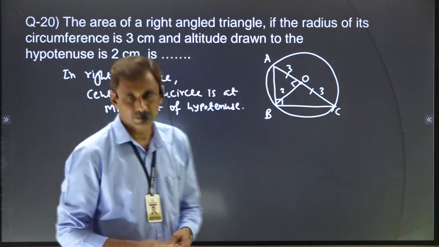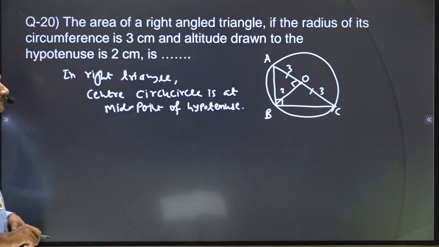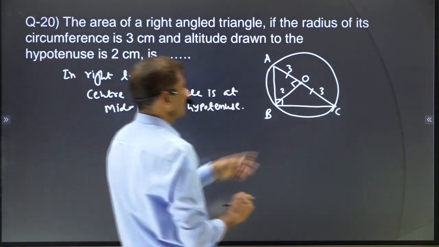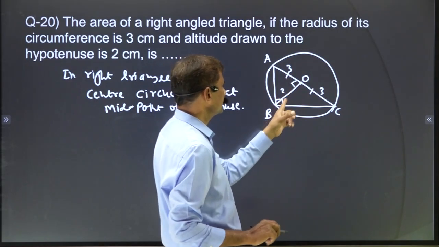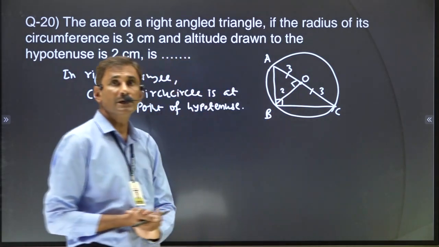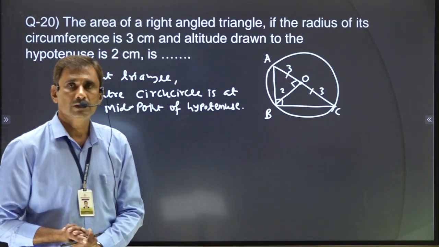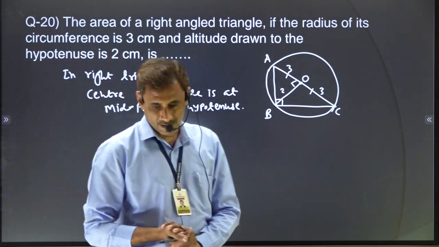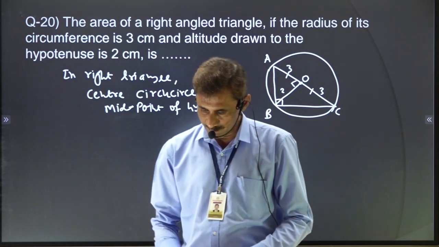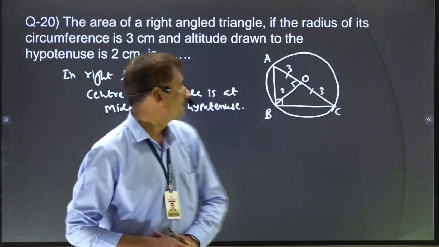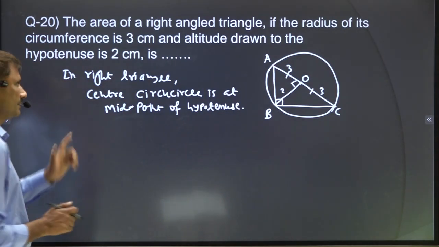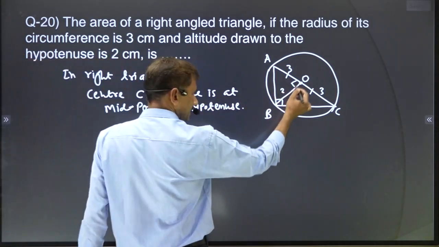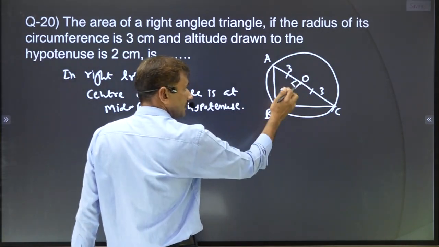Okay, now area is asked. So for that purpose, you can say here, BO will be the median, and it will be altitude also, median as well as altitude, because altitude they have told, and this is 2.